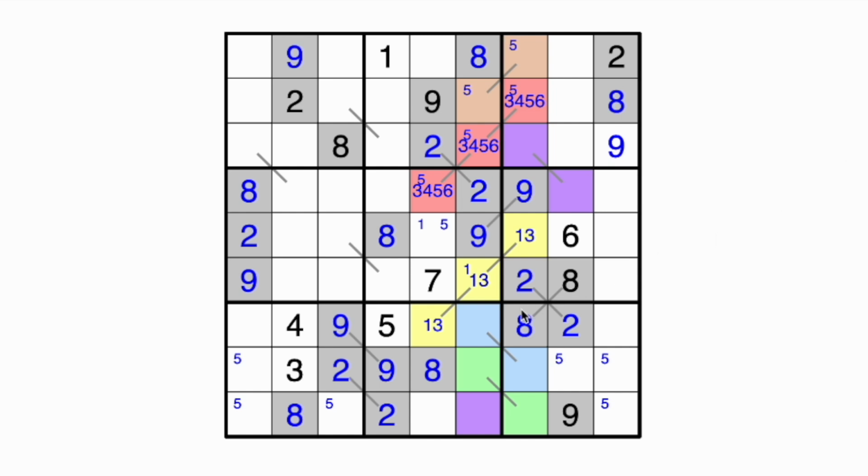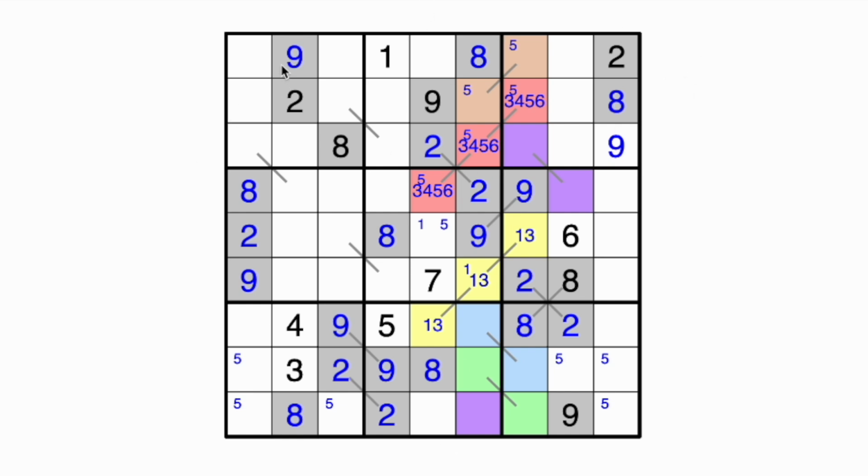So what has that done? We have this region is pretty full. What's left? 1, 5, 6, 7. Aside from this 5, this doesn't really see any of those numbers. That's probably not good. 3, let's see. This needs 5 digits.